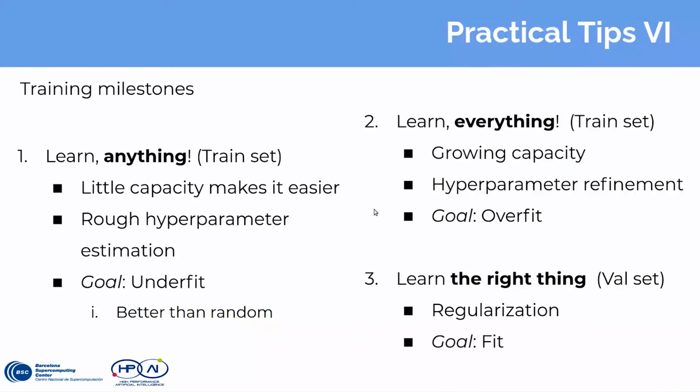Okay, so this is my particular recommendation on how to tackle a deep learning training project. Essentially, I usually recommend 3 steps when you are training a deep network. First is to manage the network to learn something, anything. Please learn.